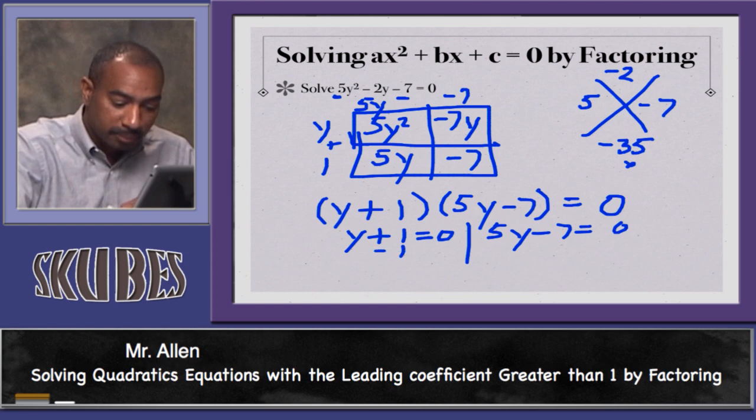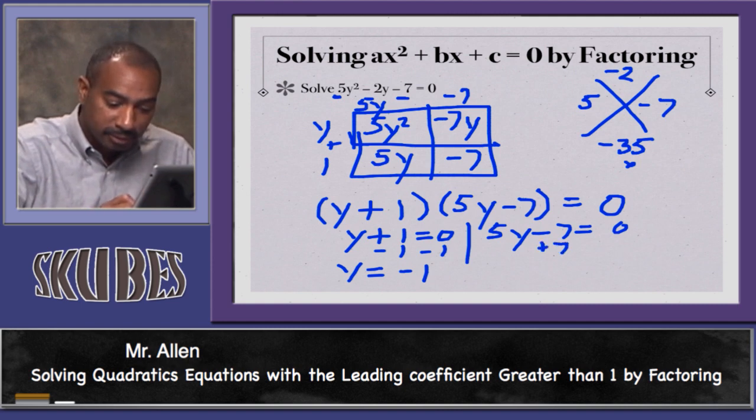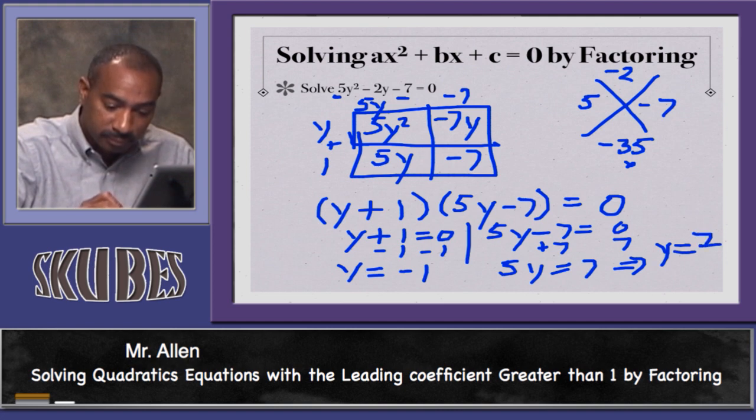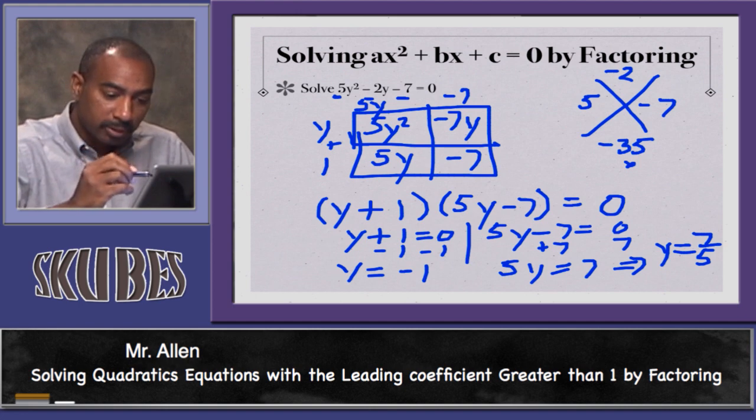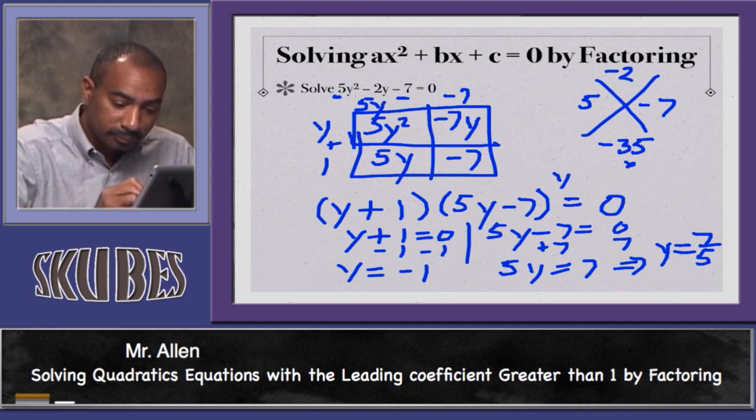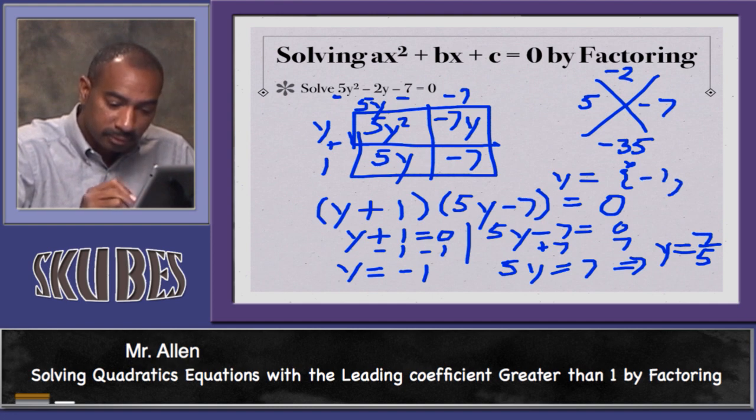So if you subtract 1 from both sides, we get one solution of y equals negative 1. Here you're going to add 7 to both sides. So you have 5y equals 7, which implies that y equals 7/5. So we have two answers. y equals negative 1 and 7/5.